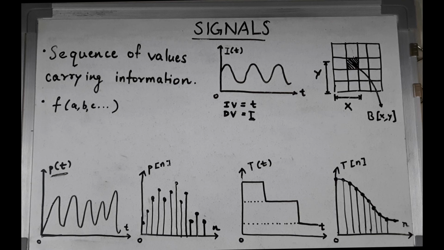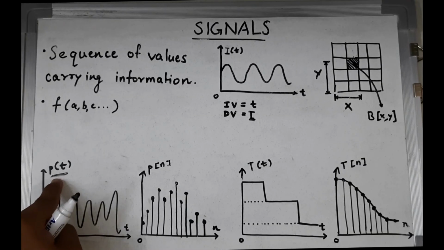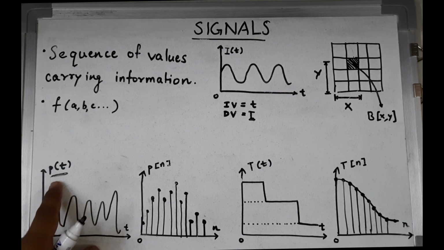That is, either the independent variable can be continuous or discrete, and the dependent variable can be continuous or discrete. These are the four major types of signals that we come across in our daily lives. The continuous time signals, in which the values of the dependent variable and independent variable are continuous.